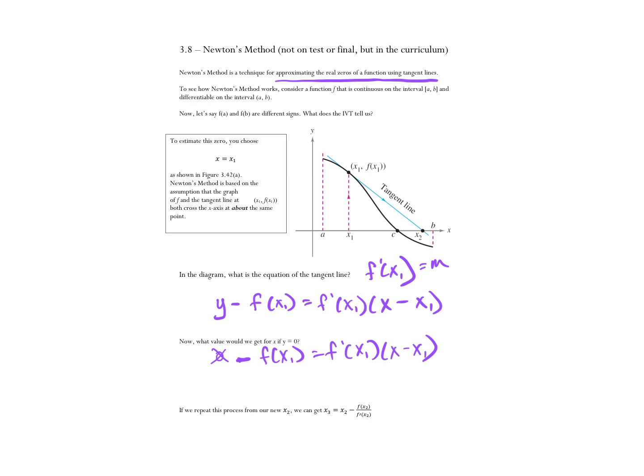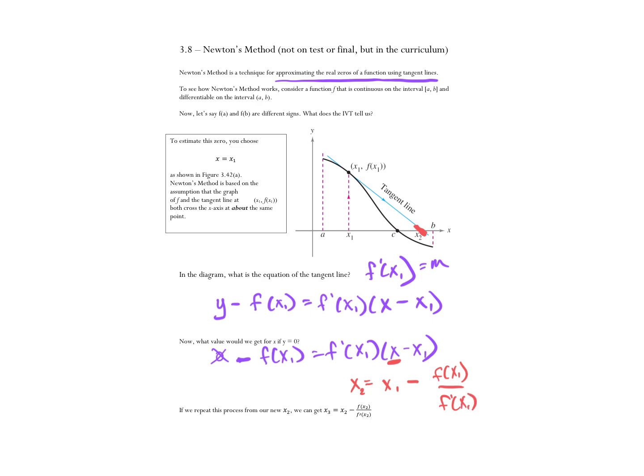So with a little bit of algebra to rearrange this, I can find that the x value, which I'm going to call x2, because x2 is where that tangent line crosses the x-axis, is equal to x1 minus f of x1 over f prime of x1.